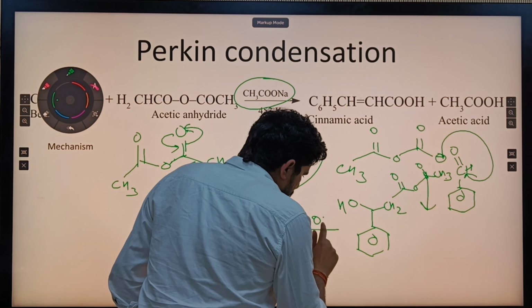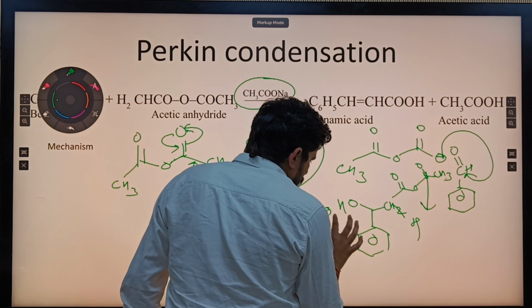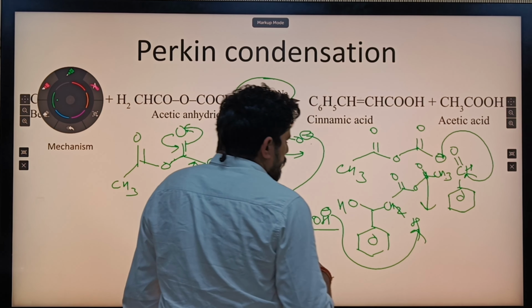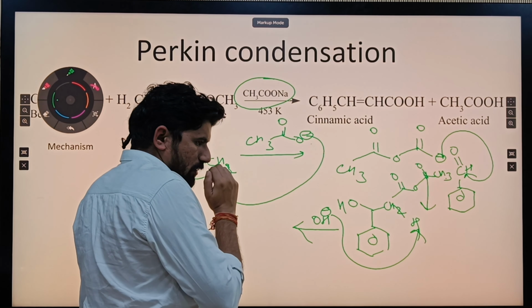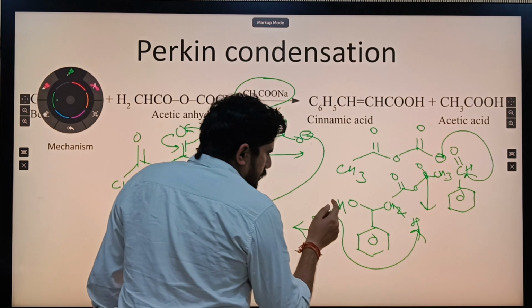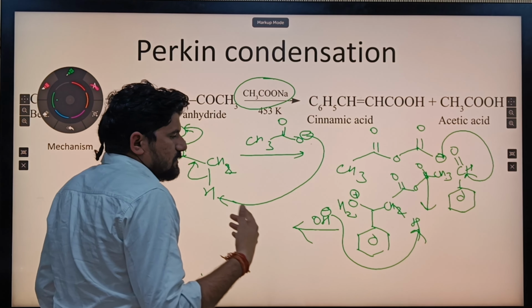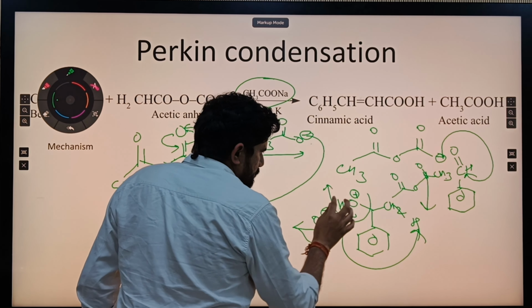In presence of base, the most acidic proton will be abstracted by the base, and the OH converts into H2O and comes out as a leaving group from the reaction.